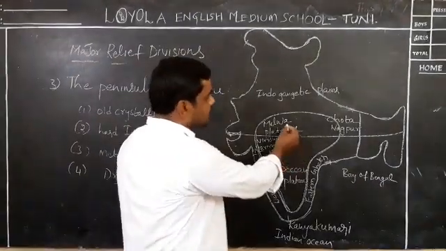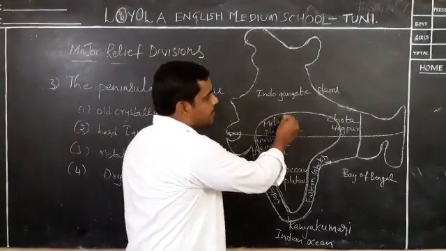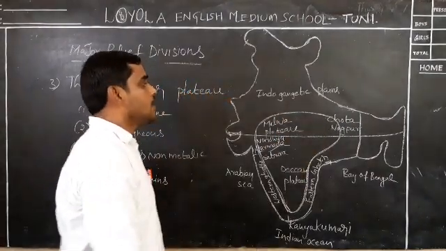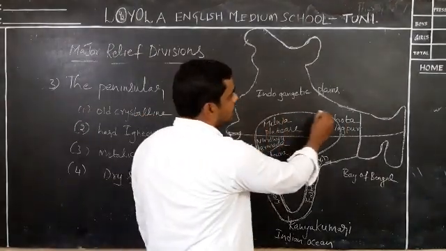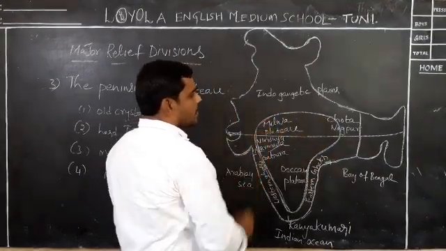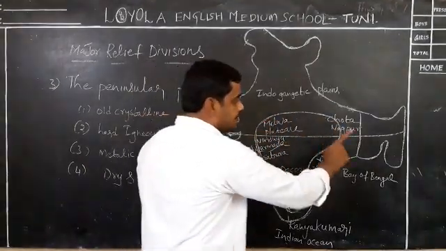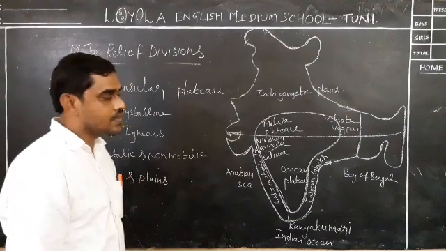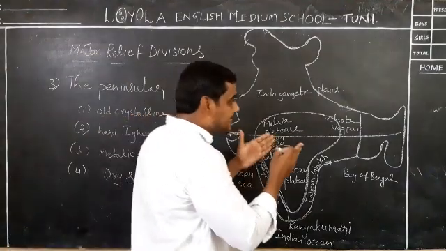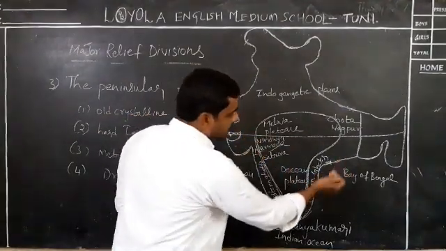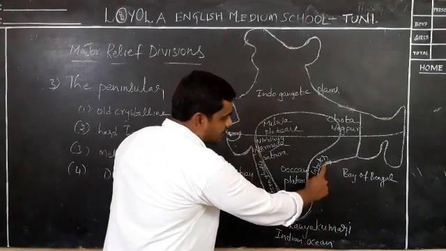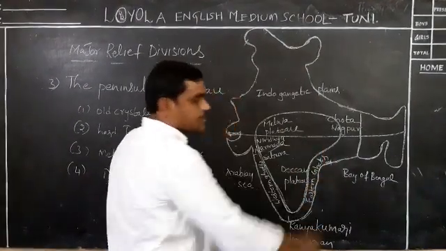Look at the board, all of you. The topography of this plateau is tilted towards the east, and there are located the Eastern Ghats.